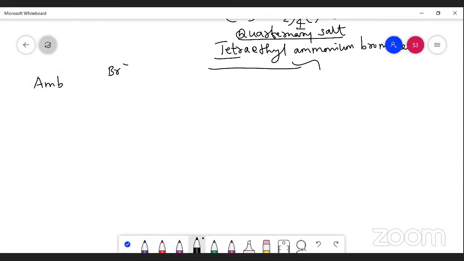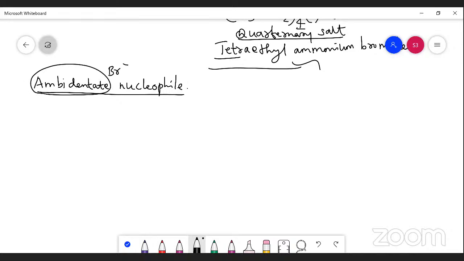ambident nucleophile. Previously we used only nucleophile, but now I am going to use one more word, that is called an ambident nucleophile. What is the meaning of this ambident?